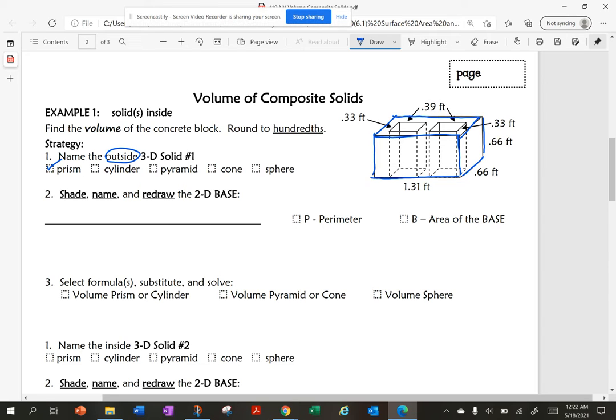And that is a prism. My base is going to be 1.31 by 0.66. So I'm getting that here, 1.31 and 0.66. So this is my base. It's a rectangle, so this is a rectangular prism.